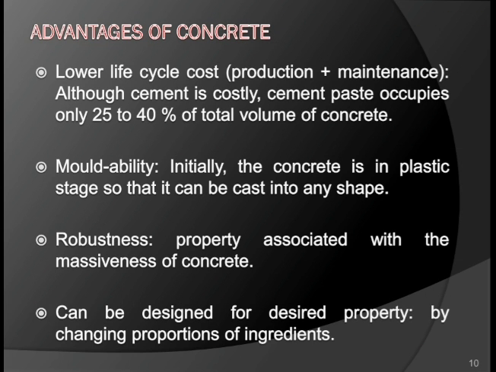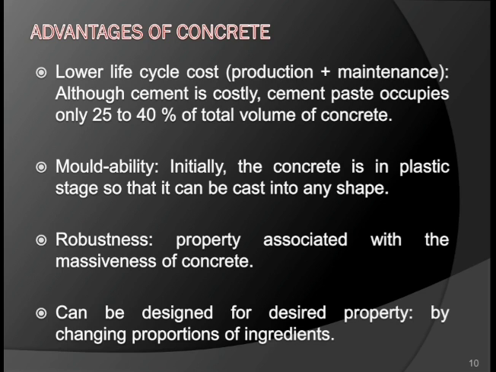Then advantages of concrete, right. We can write down in simple manner that concrete has higher compressive strength, is weak in tension, and is easily molded. Technically we can write down the advantages like low life cycle cost. Life cycle means starting from the production of concrete to placing and maintenance.